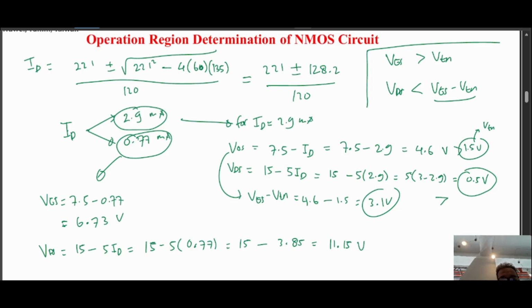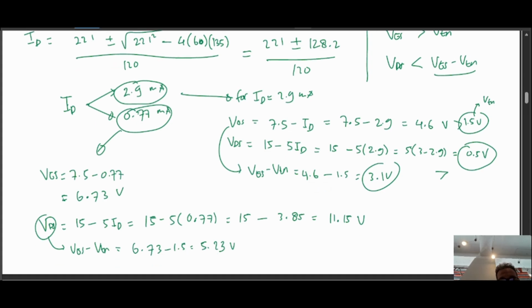And when we compare VDS with VGS minus VTN, VGS minus VTN is 6.73 minus 1.5. It's equal to 5.23 volt.